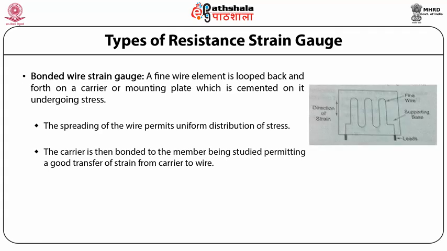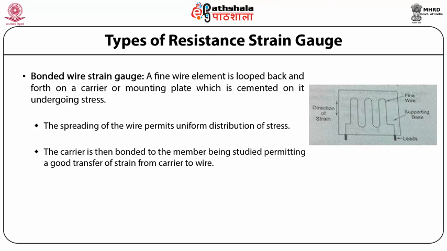Strain gauge in bridge measurement. So let us now discuss it. The strain gauge is used in the bridge arrangement, in which the gauge forms one arm of the bridge, as shown in this figure. Only one gauge is the active element, producing an output proportional to the strain. The other gauge is simply used for balancing.